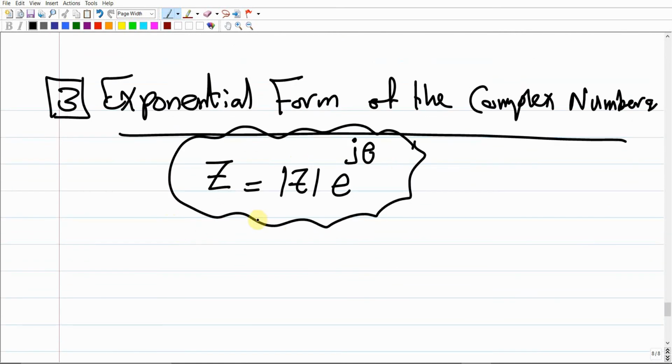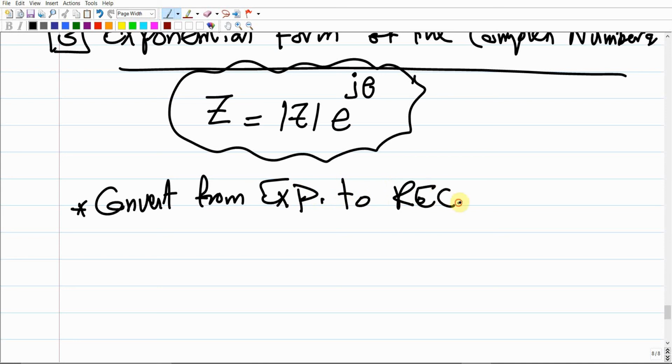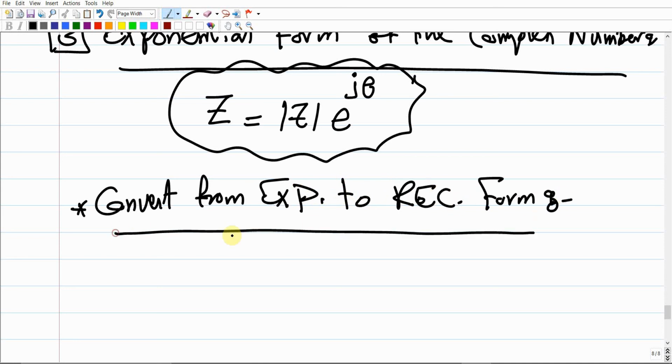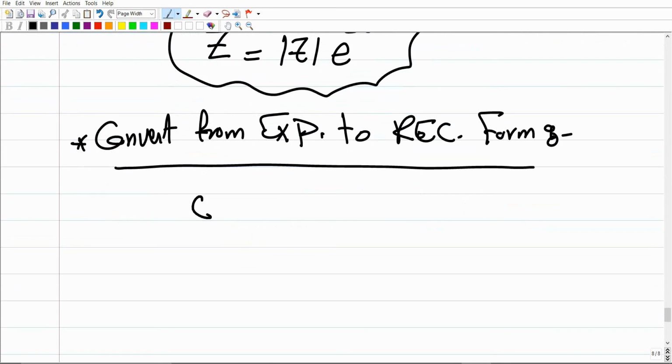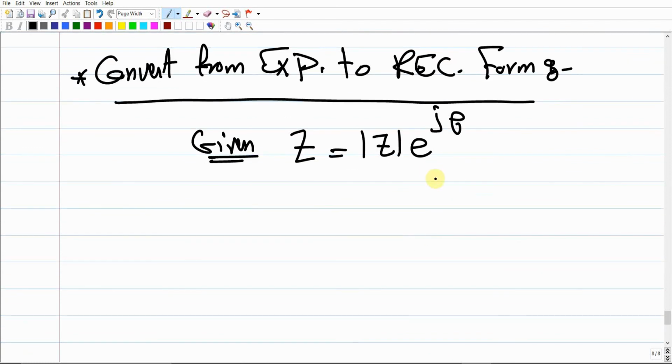Now let us see how we can convert this exponential form into either the rectangular form or the polar form. So, converting from exponential to rectangular forms, or between the exponential and rectangular form. If z is given in the form of magnitude times exponential j theta, there is an expanded form for this exponential.